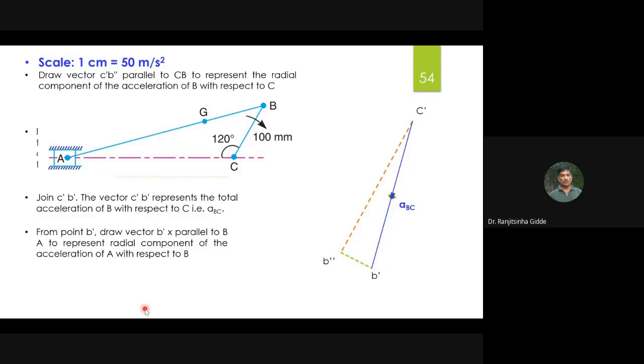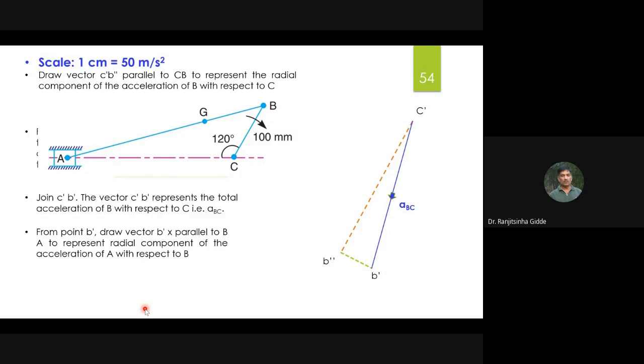Remember, the dotted lines that we draw are only construction lines. In the actual acceleration diagram, whatever thick lines you should consider from that point only. So C prime B prime is the total acceleration of link BC.